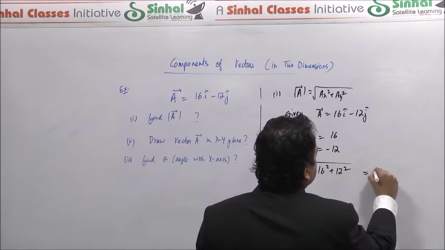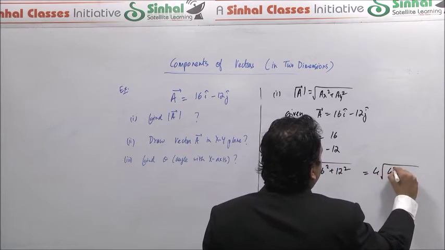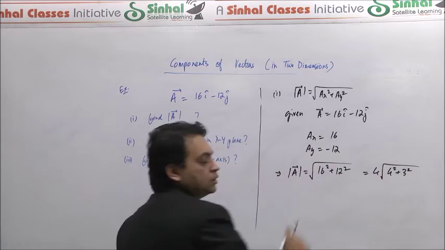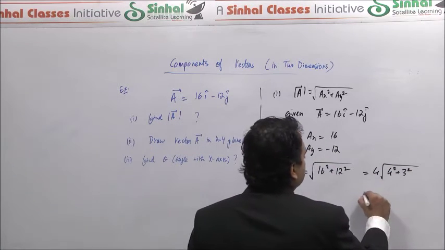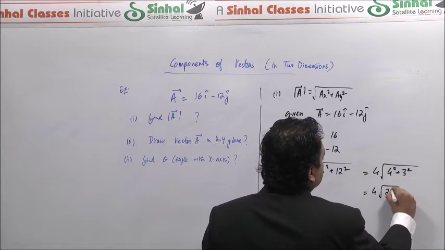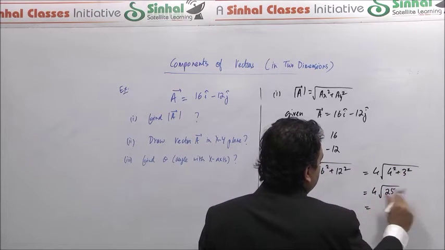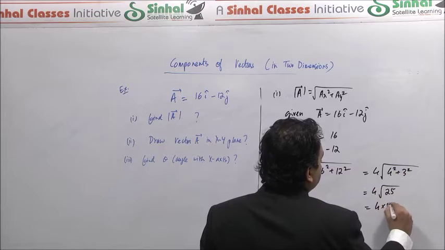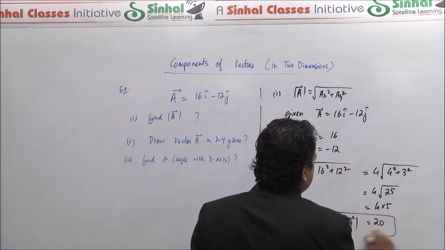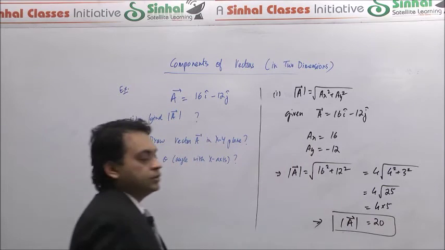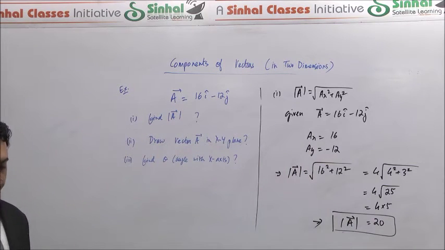So that would be taken as 4 into square root of 4 square plus 3 square, because 16 is 4 into 4 and 12 is 4 into 3. So that becomes 4 into square root of 16 plus 9, which is 25. So that becomes 4 into 5, which is 20. So the magnitude of the vector E is 20.